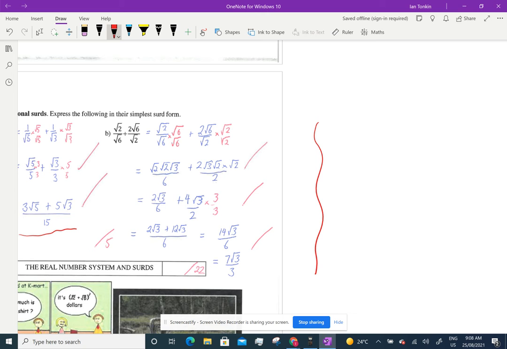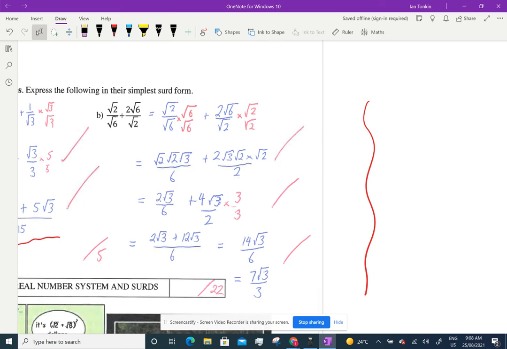Now, a lot of people, when they rationalise the first one, they made this root 12. Yeah, well, that's okay because you're going to get 2 root 12 over here. But then you're going to have to cancel later on.